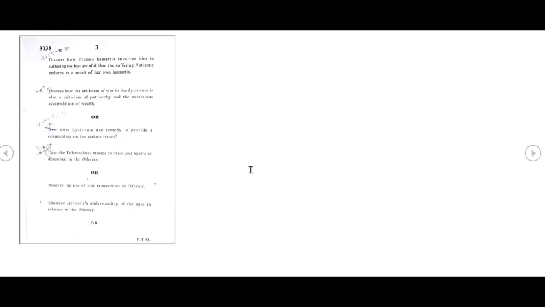Then you have a discussion about Creon's hamartia, Antigone's hamartia. Then you have questions about criticism of war. You also have questions about Telemachus's travels to Pylos and Sparta. Then you also have questions on Aristotle's understanding of epic.